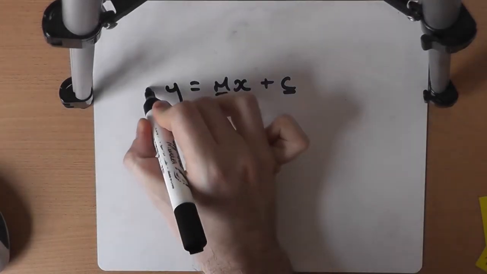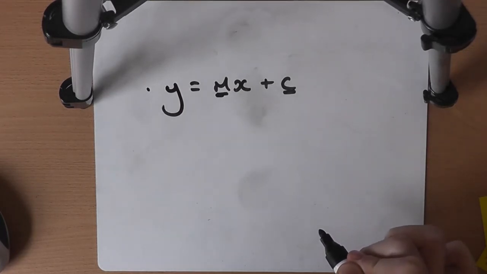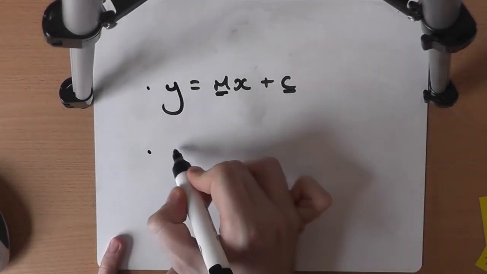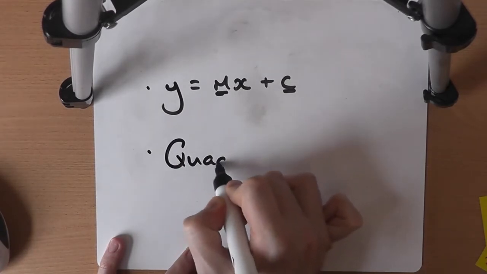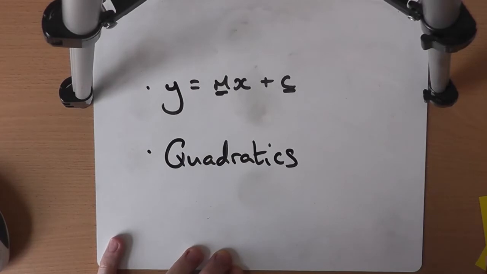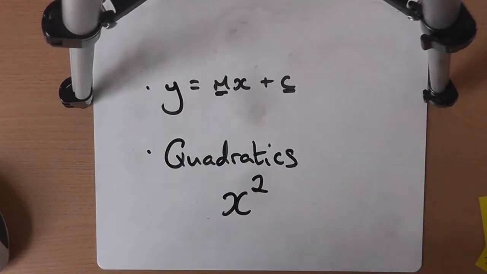Now, generally speaking, you will be asked to draw straight line graphs, but it is possible you could be asked to draw a different kind of graph or look at a different kind of graph. And they are graphs associated with quadratics, which, as a reminder, is any equation that's got one of these in it, an x squared term.